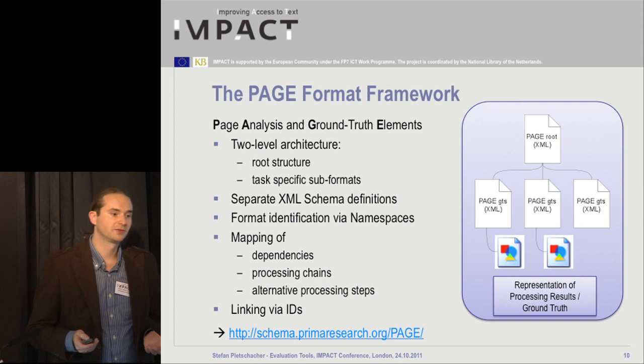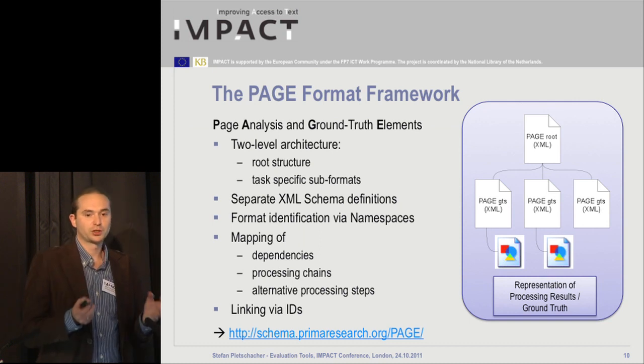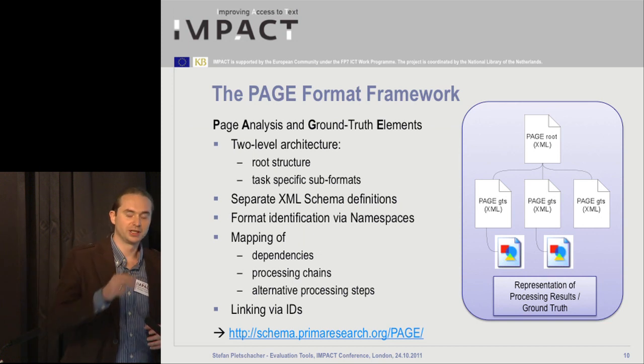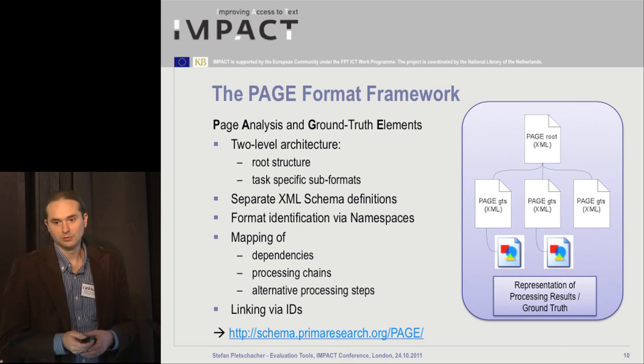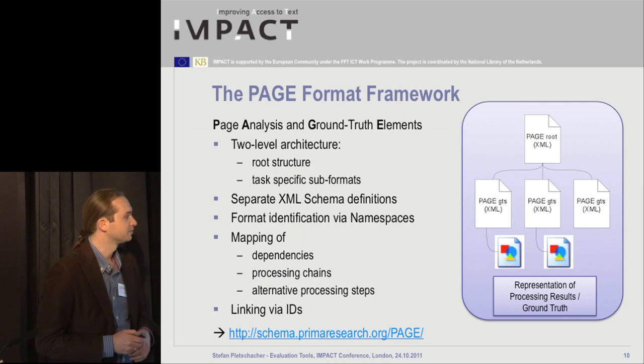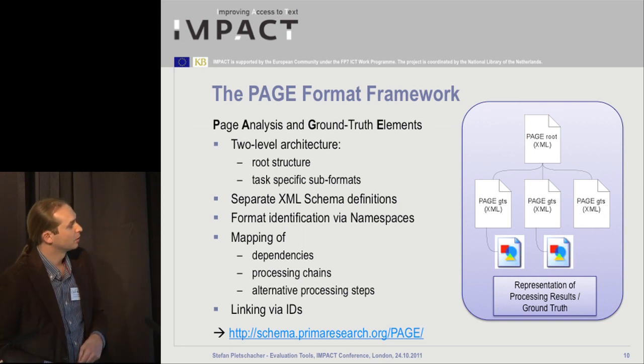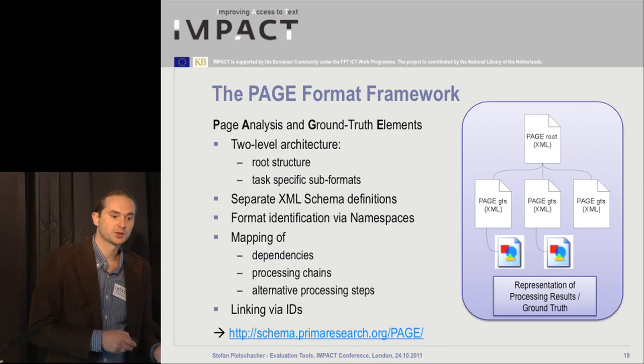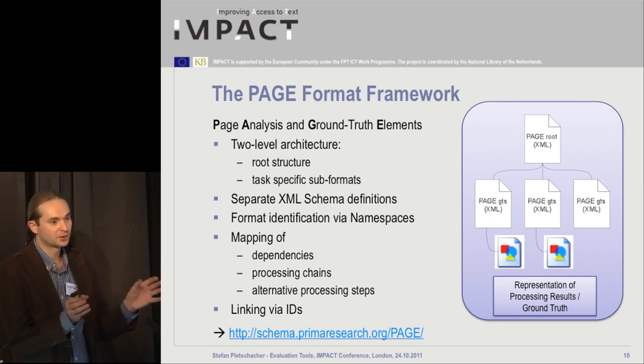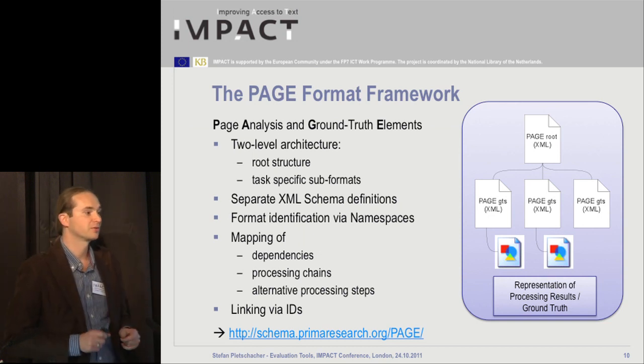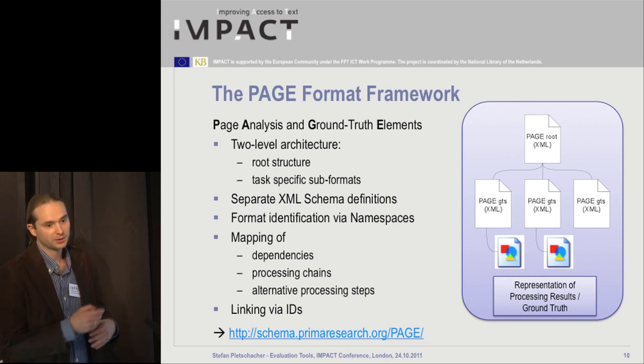The most important thing for us is still the actual page content, which is the region outlines with text and reading order, because that's what is really interesting in most cases. Okay, and what is also very important, this can be used to represent the output of some OCR, but also ground truth. So that means those two things can be compared straight away. And there are some converters also involved.